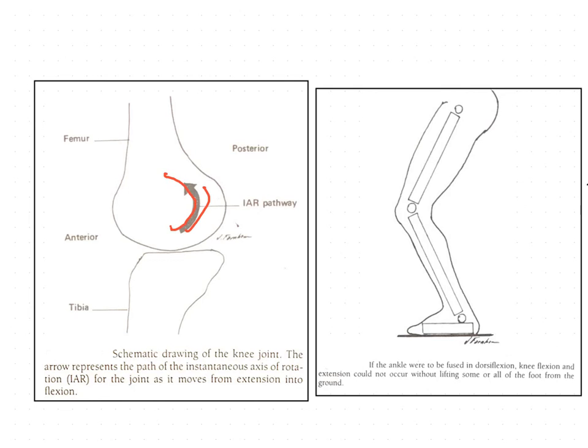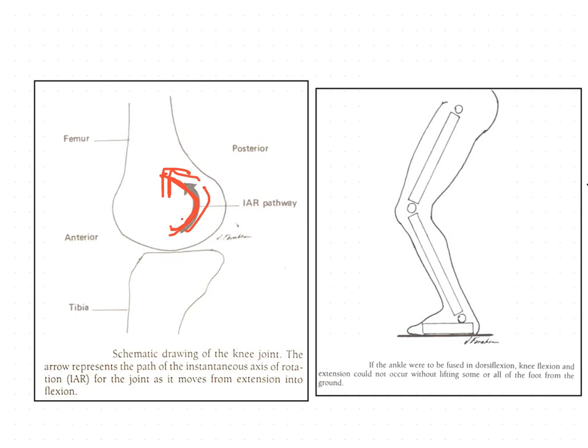So it moves posteriorly and superiorly on the femoral condyles with increasing flexion. So if the flexion is increasing, this pathway is going to increase. This is the instantaneous axis of rotation.